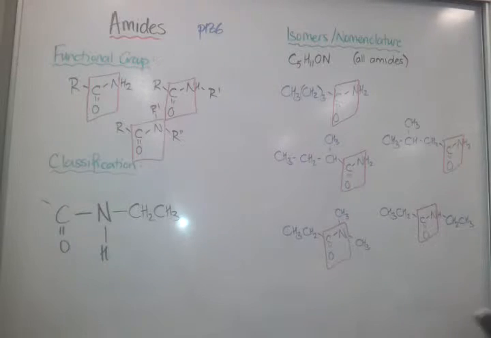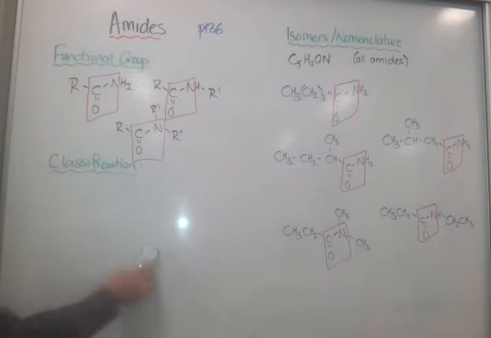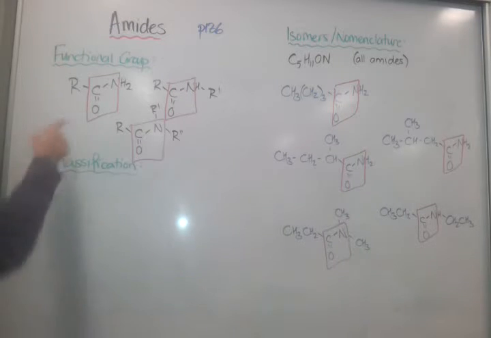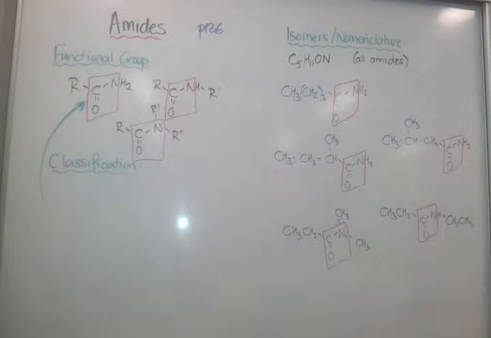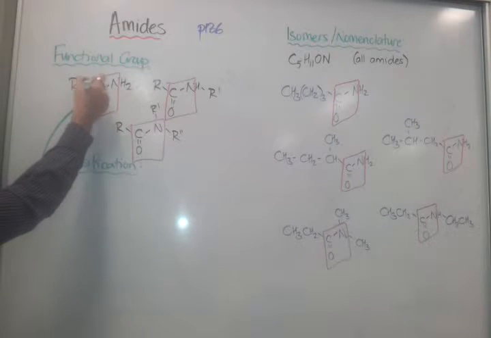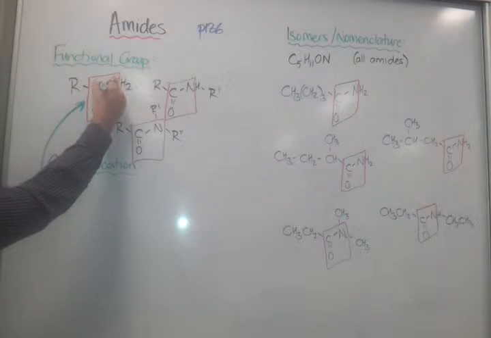I'll just put something up a little bit neater so when we've got the photograph of the notes it makes some sense. So this one here would be primary because there's only 1 carbon bound to nitrogen.